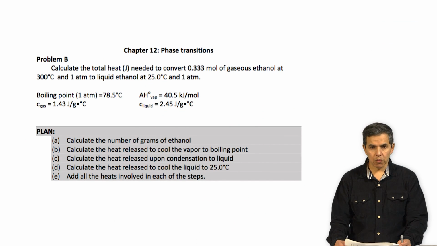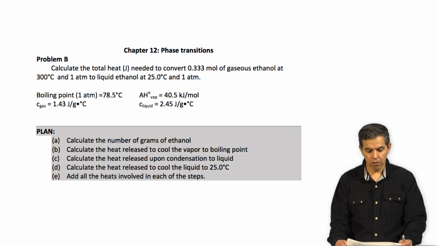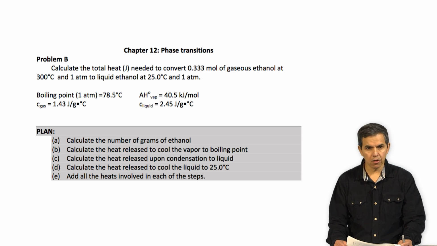In order to solve this problem, the first step would be to calculate the number of grams of ethanol. Because there are several steps involved going from gas to liquid, we will need to calculate the heat involved in each of the different steps. These are, first, the heat released to cool the vapor to its boiling point.